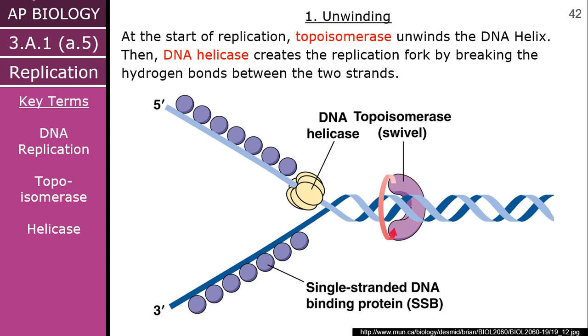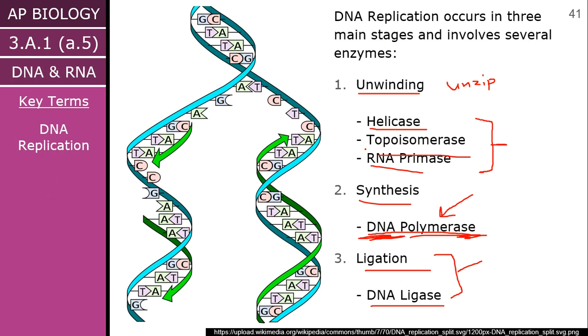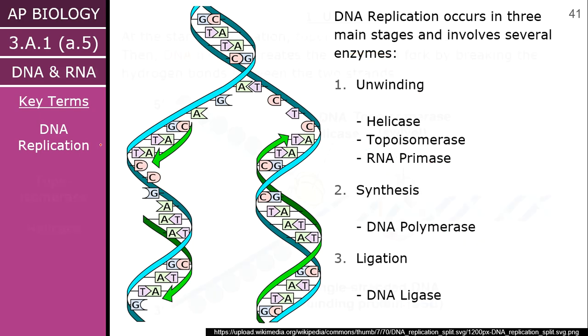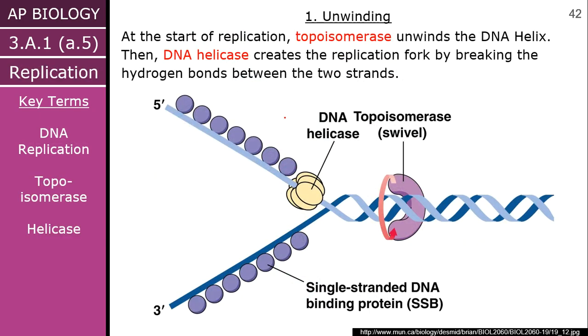Okay. So during the unwinding stage, I'm just zooming in on this first stage right here, unwinding. My DNA is all tightly coiled, and that's great. DNA should be in its coiled double helix form most of the time because that helps protect all of that really, really necessary information. Remember, all those nucleotides are on the inside.